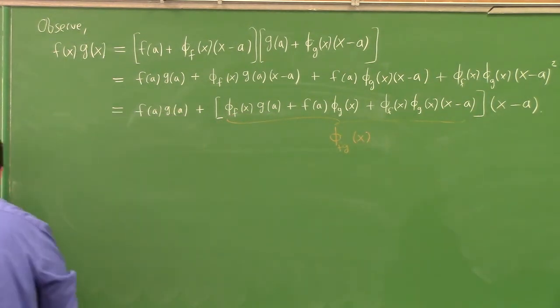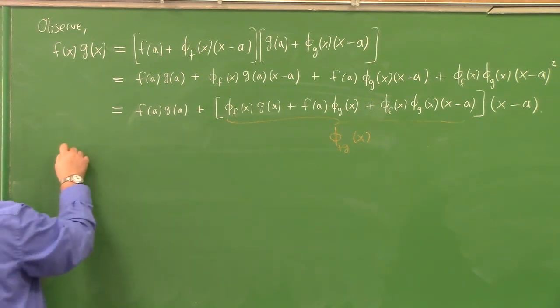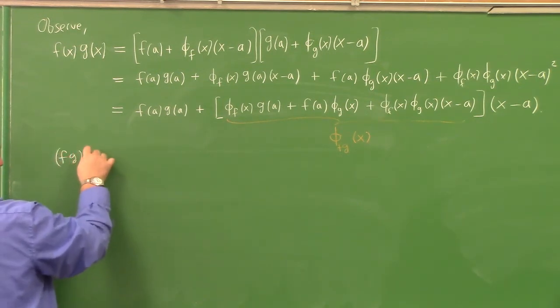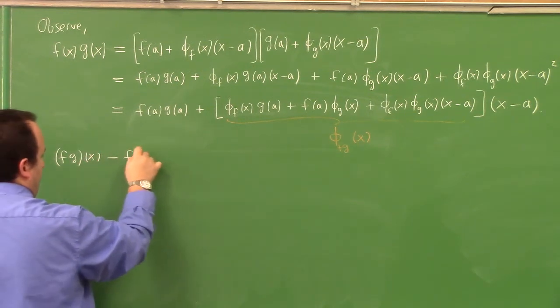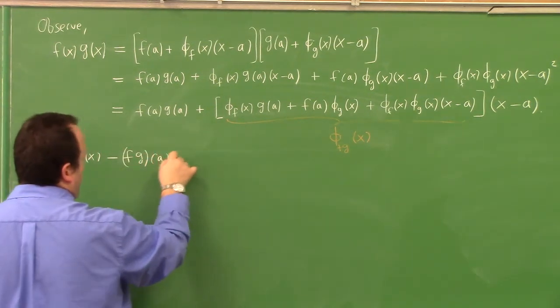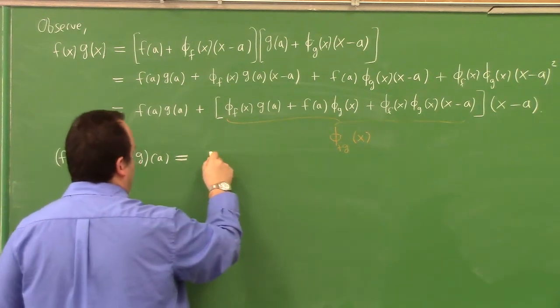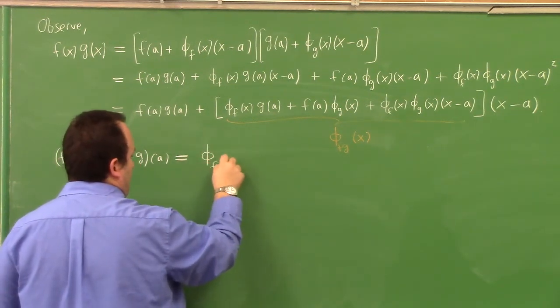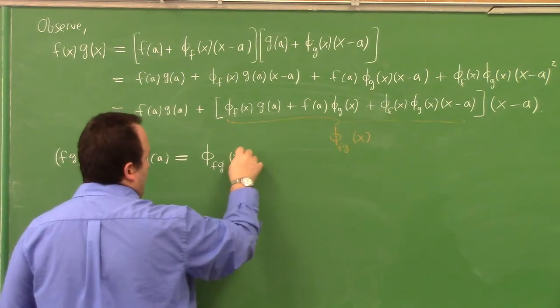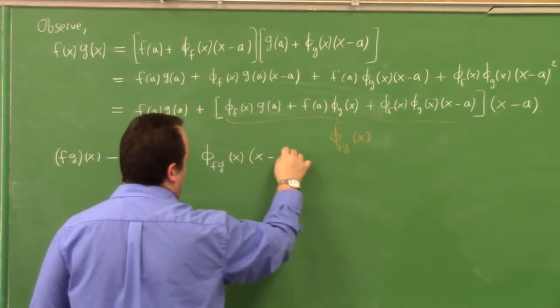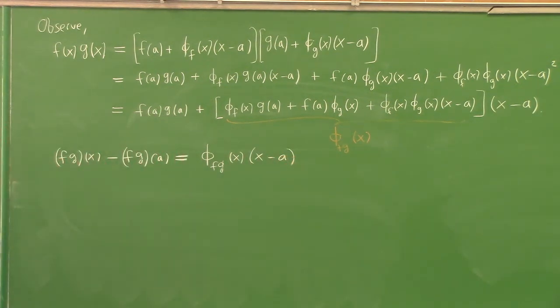Because what we have is fg of x minus fg of a is equal to phi sub fg of x times x minus a. My claim to you is that this phi fg function satisfies properties 1 and 2 of the theorem of Caratheodory for the product function.